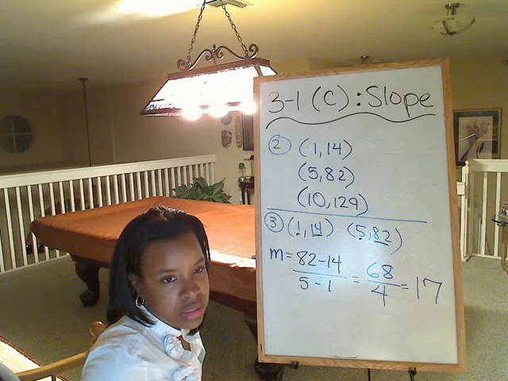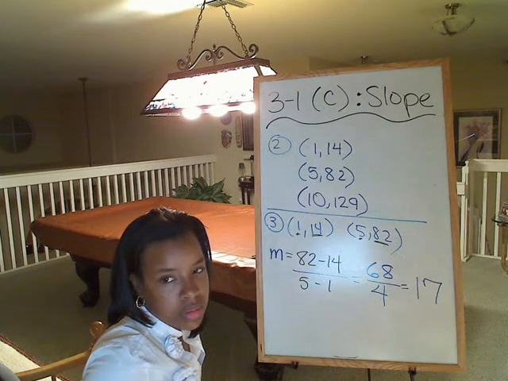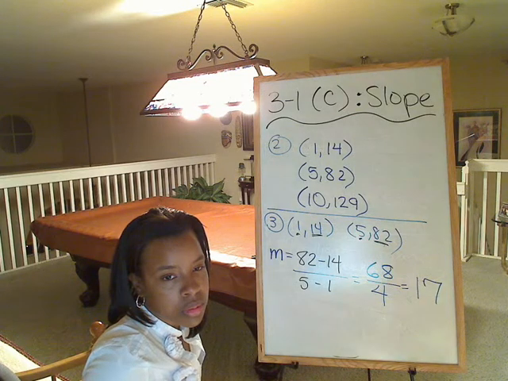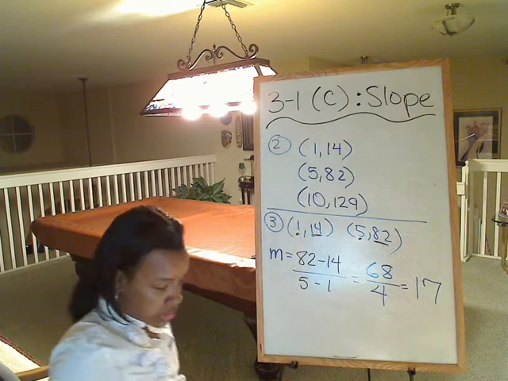I think 68 divided by 4 is 17. You can check on your calculator while I check on mine. Yes, I was correct. Okay, so the slope is 17.